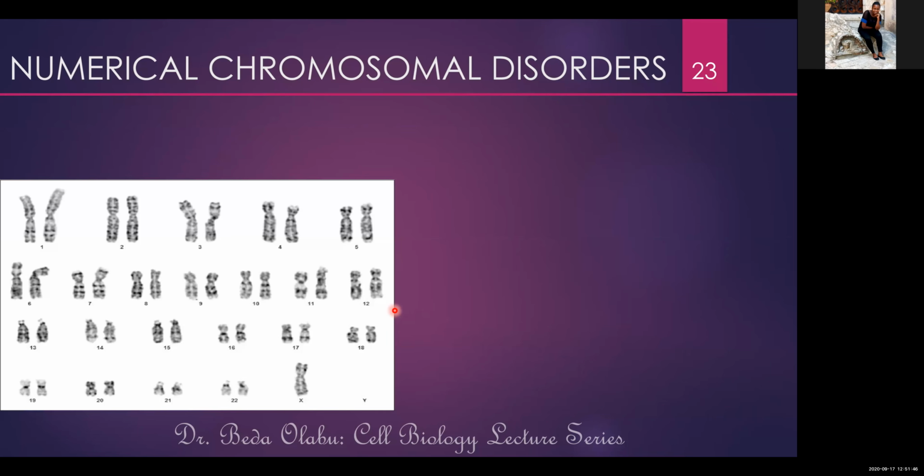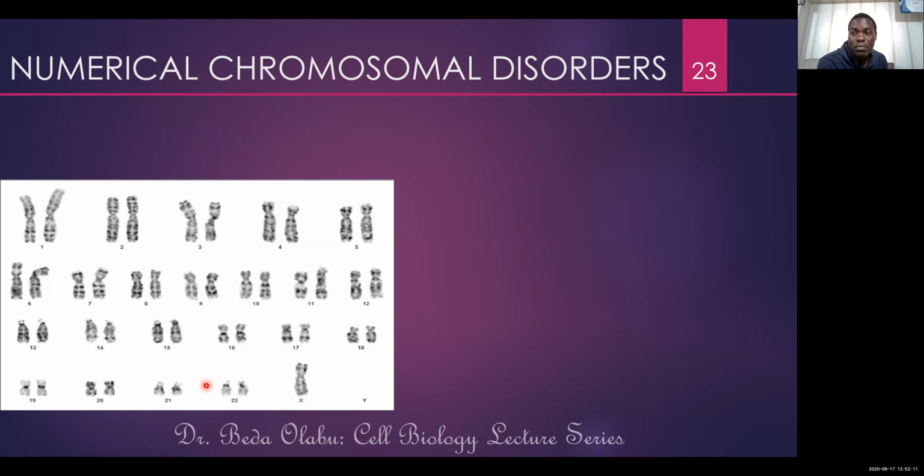Monosomy 23. Okay, I agree with you partially. You remember the concept of the 23rd chromosome being either X or Y? I agree with you that it's a monosomy 23, but remember I told you that 23rd pair has X and Y.